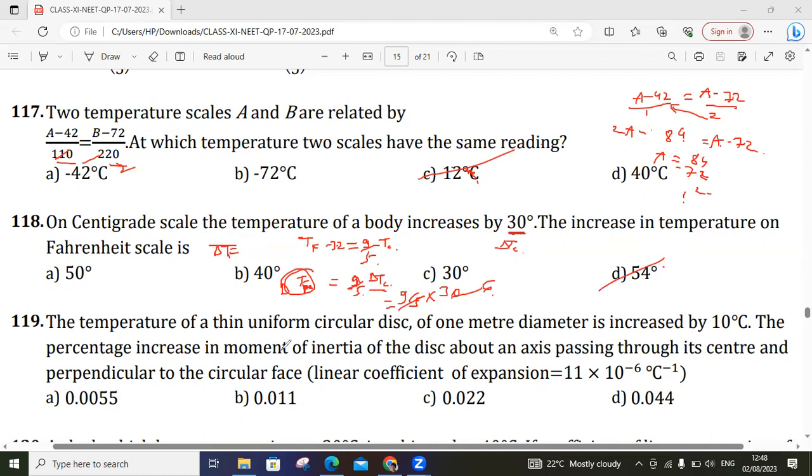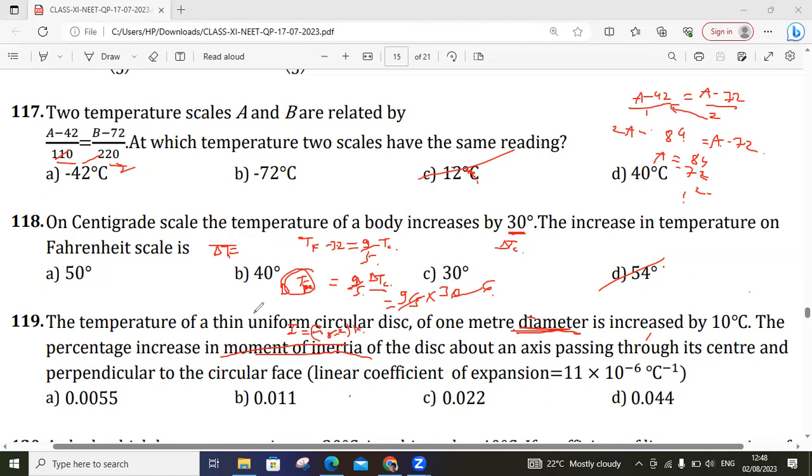Then the temperature of a thin uniform circular disc of 1 meter diameter is increased by 10 degrees Celsius. The percentage increase in moment of inertia? Moment of inertia I is equal to mr square, of this type. It will be mr square into some constant. So basically it will be proportional to radius square, that is diameter square.